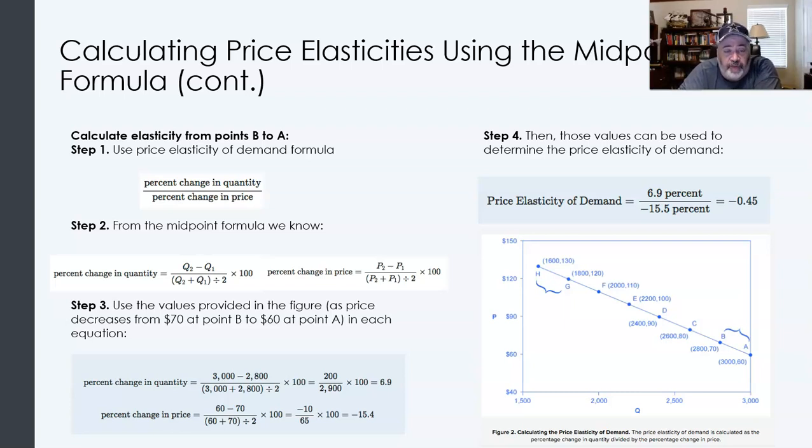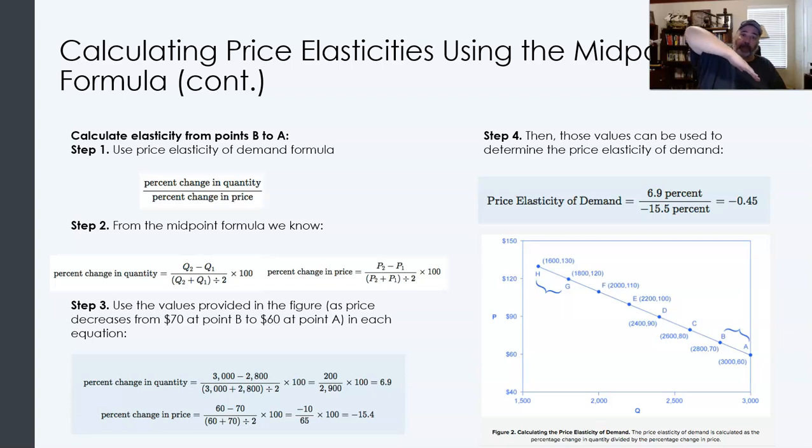Now you'll notice that the slope of the demand curve kind of tells you this, doesn't it? That's really what we're measuring, the rate that quantity demanded is changing given the price. There's the downward sloping curve, and the flatter that is, the more inelastic demand is.